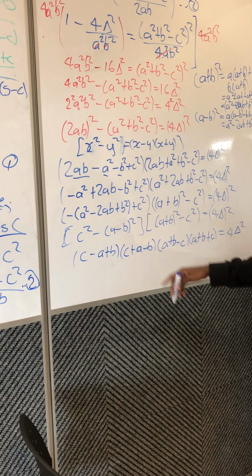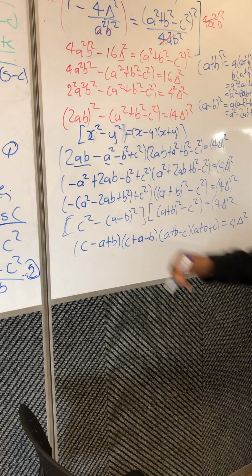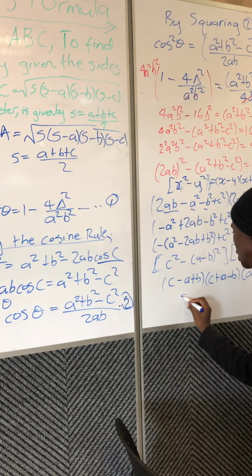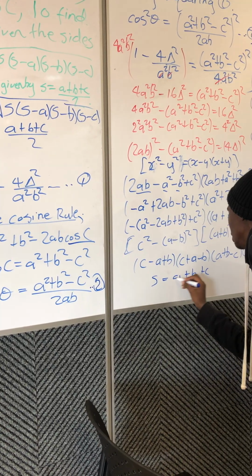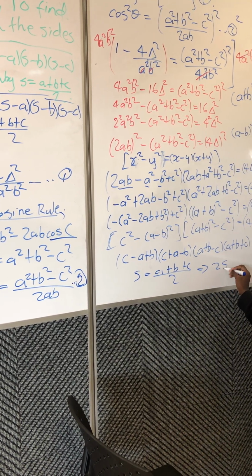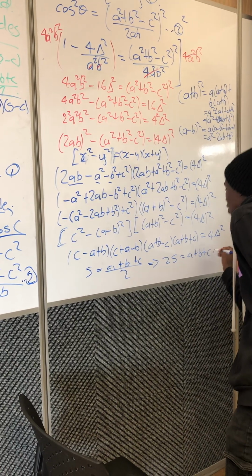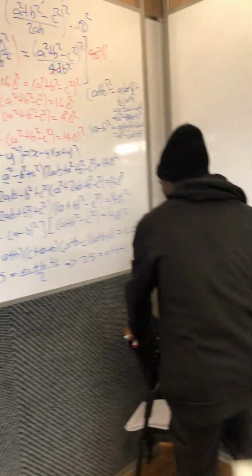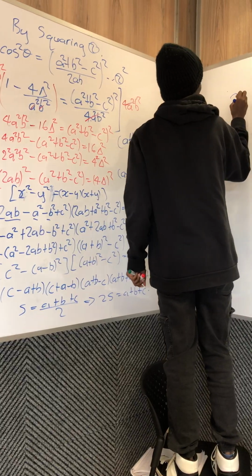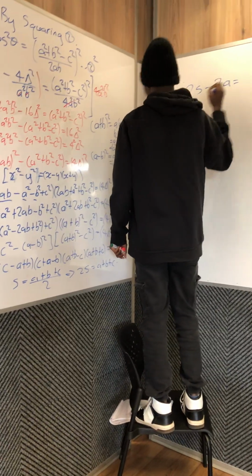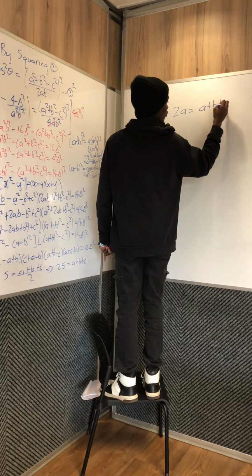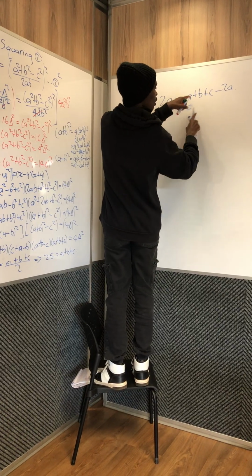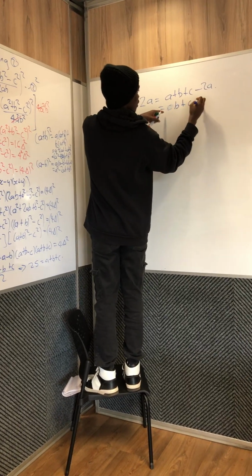So with what I have here, I already know from the semi-perimeter that S is equal to a plus b plus c divided by 2, which means 2S is equal to a plus b plus c. If I say 2S minus 2a, I get a plus b plus c minus 2a, which is b plus c minus a.